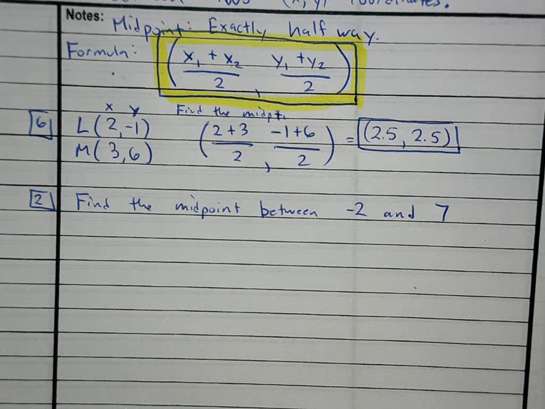And you're going to have to think about your number line. The midpoint formula even works for these ones as well. Okay? Like, I'm going to show you the long way, and then I'm going to show you the short way. Okay?